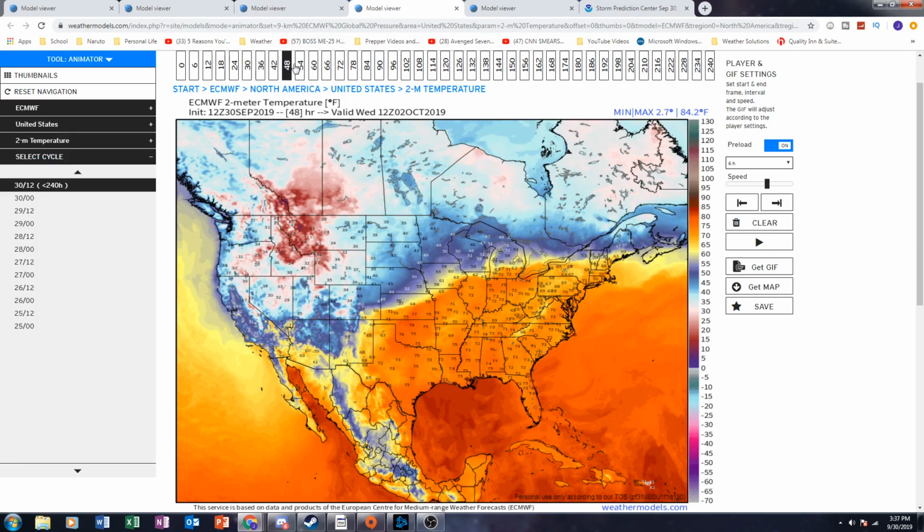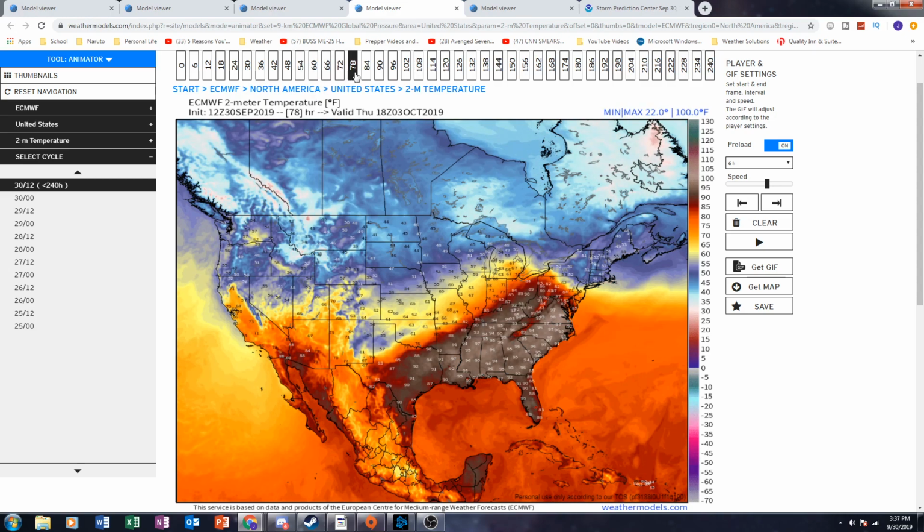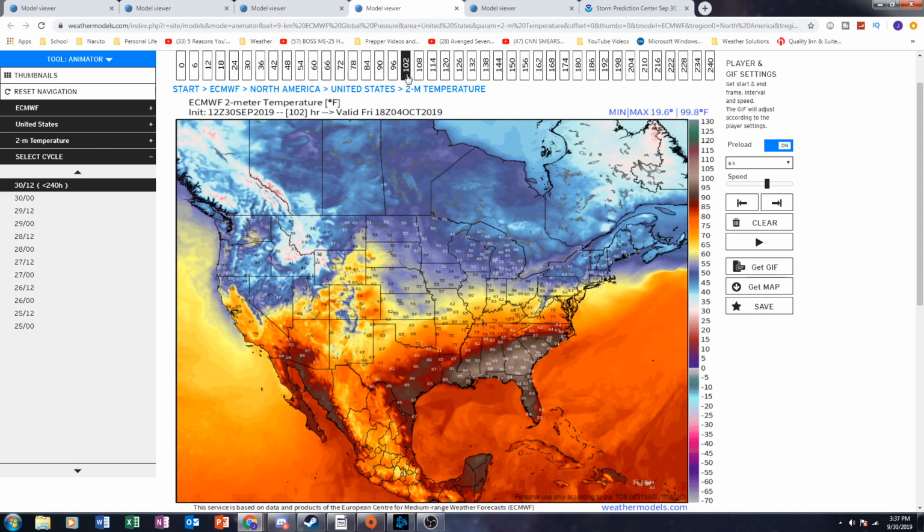And then we see that it's gradually cooling down as that cold front advances, before finally, near the end of the week, it will get down into the 50s and 60s for a lot of the Midwest and the Great Lakes. That warm air is still going to sit down here to the south as the high pressure system doesn't fully exit the region.